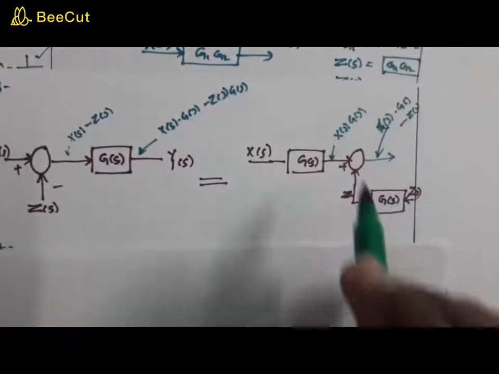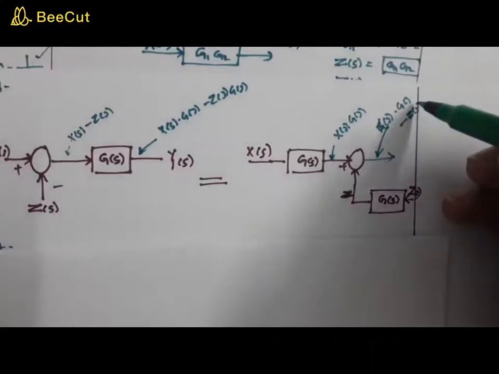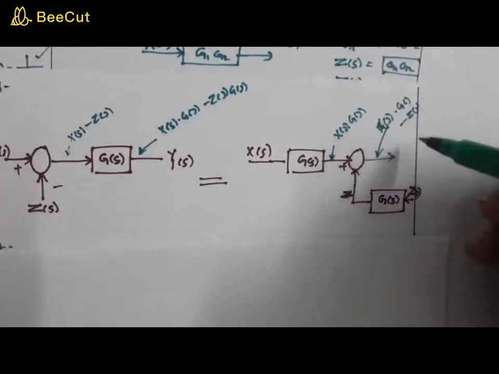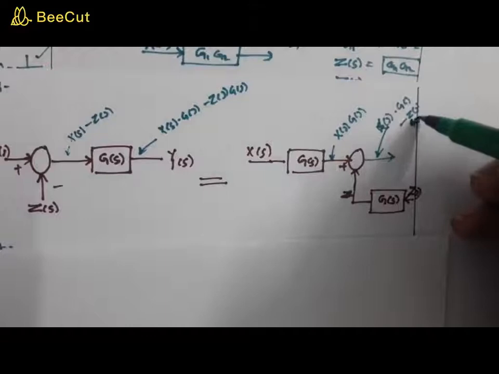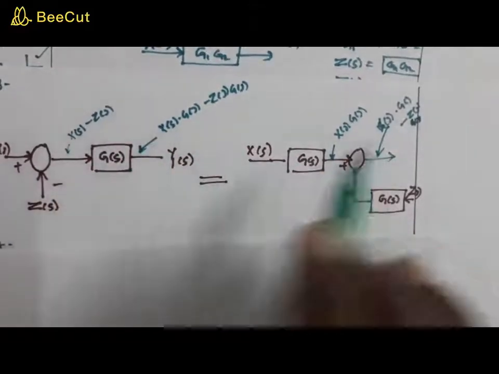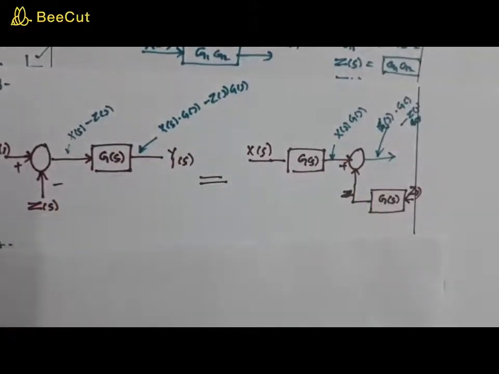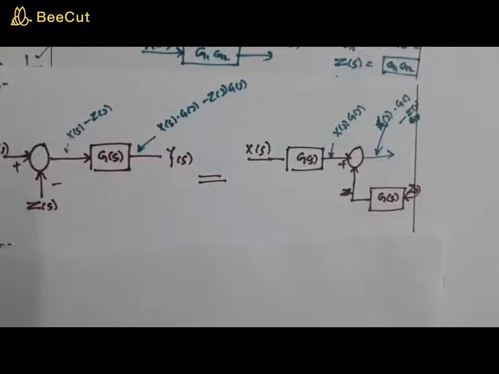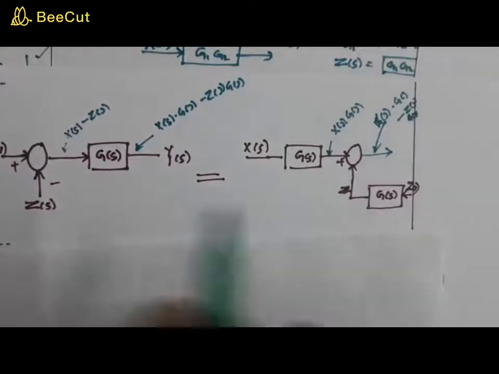Okay, so now let us see. So this will be Z of S into G of S, right? You are getting the same expression. So this is how you should go through it and find out the necessary changes. You don't need to memorize all these things, because it's not possible.